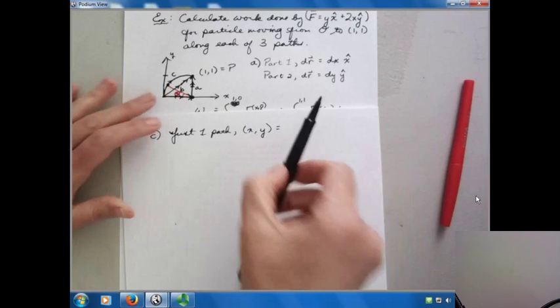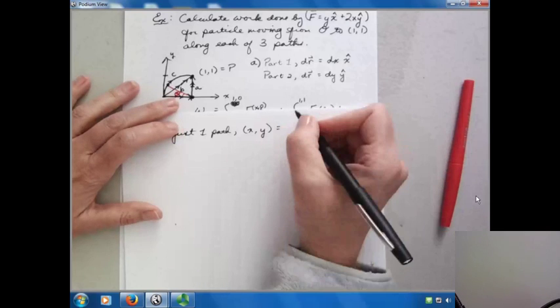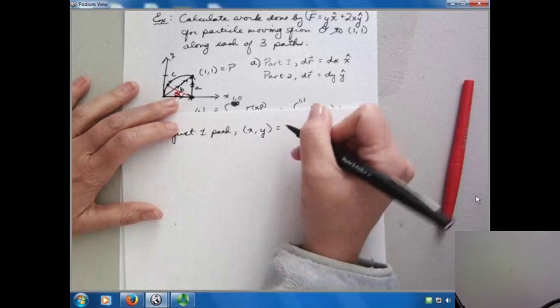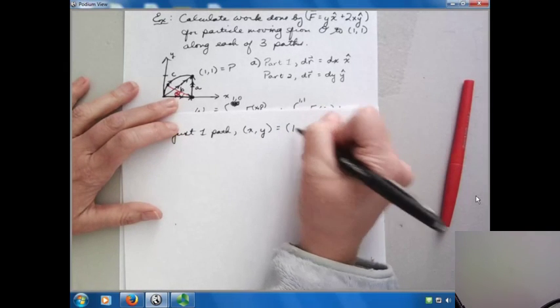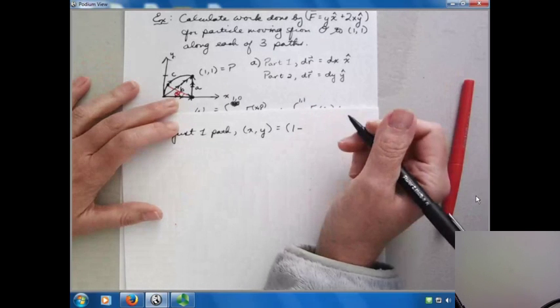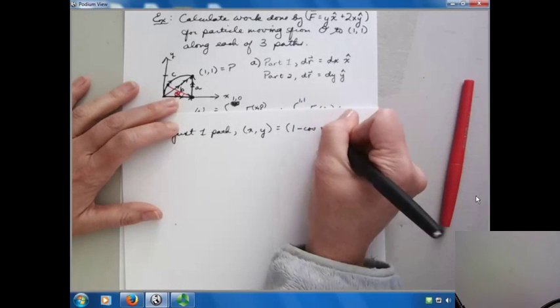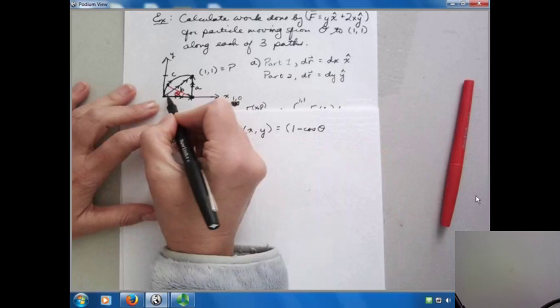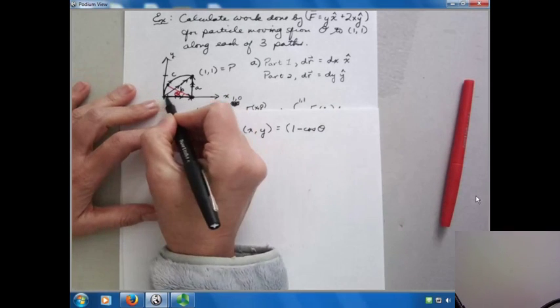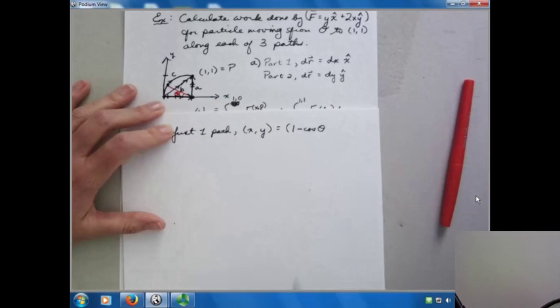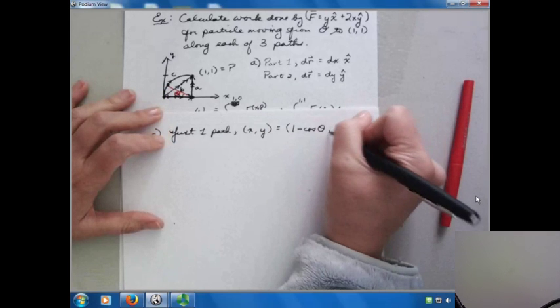So if I make that definition, then my x component is going to be 1 minus the cosine of theta. Because cosine of theta is this distance here, and what I want is what's left over, so it's 1 minus cosine theta. And my y component is just sine theta.